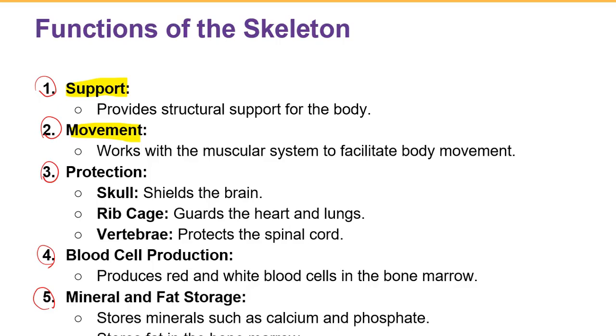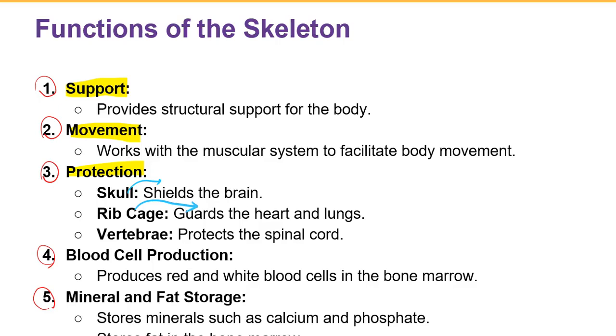Then the skeleton is also involved in protection. Like the skull, which is a bunch of bones, makes a house for the brain and protects it. Our rib cage, which is also composed of several bones, guards and protects our heart and lungs.